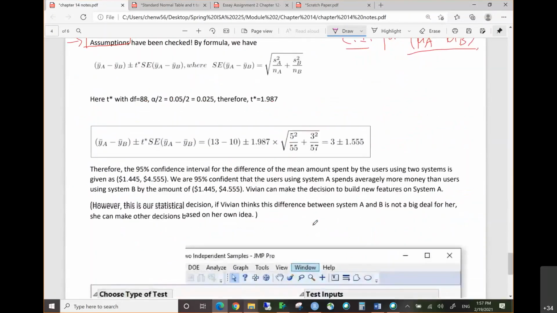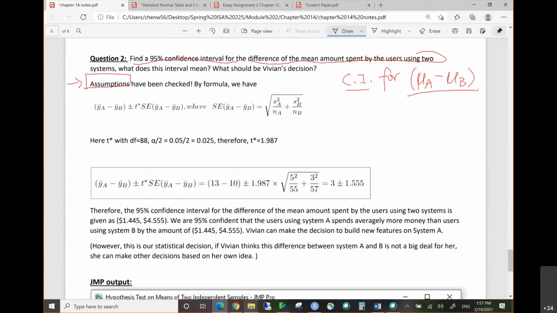So that we have the difference between the two sample means plus minus the t star times the standard error of the difference. Right, so we just plug in the difference between the two sample means, 13 minus 10 plus minus, and then the standard error is also given, 5 squared over the sample size, right? And sample standard deviation squared over the sample size.